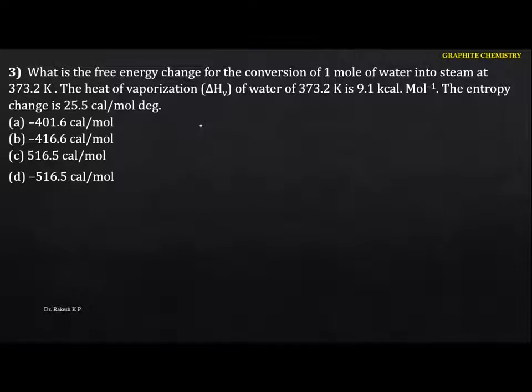We know the equation, delta G equals delta H minus T delta S. Here they gave the enthalpy, 9.1 kilocalorie, which you have to convert into calorie. So I am going to write it like this, minus the temperature, 373.2, into 25.5.